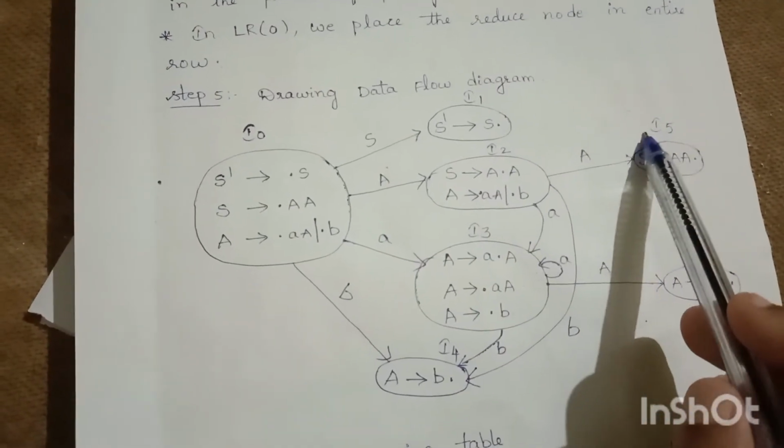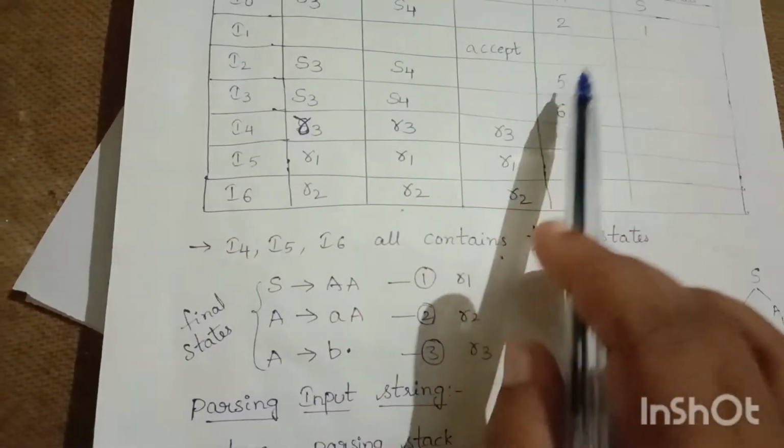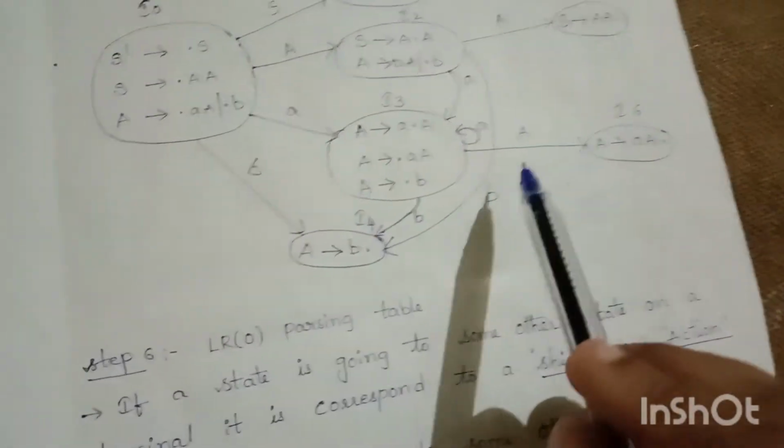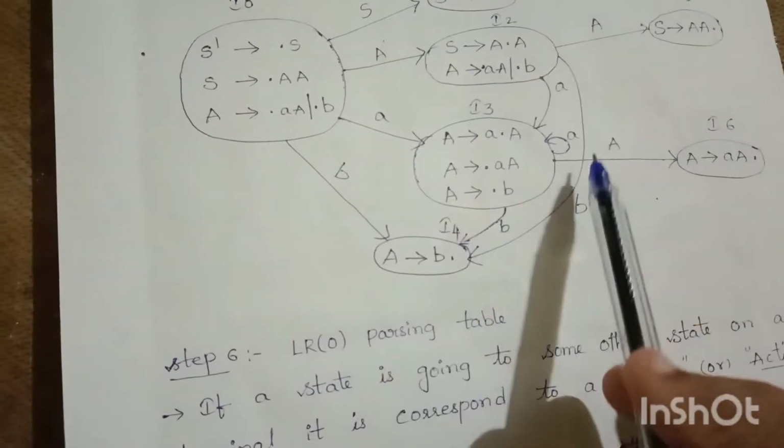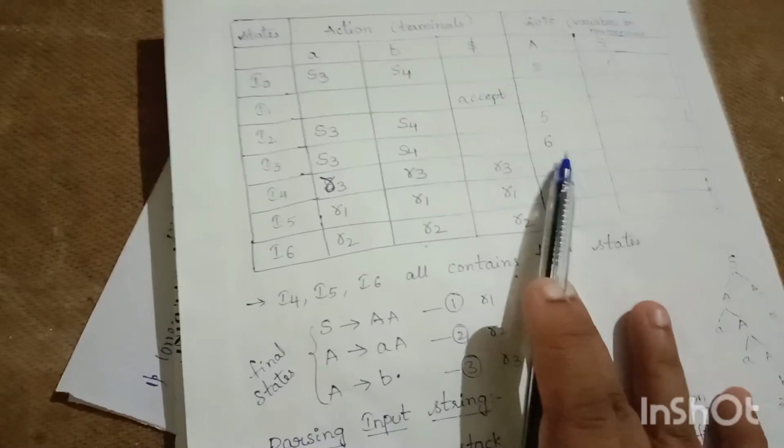So you need not write the I; directly write 5 here. Next, I3 on capital A, it is moving to I6. So we need to write 6 here. This is how we are going to construct the parsing table.